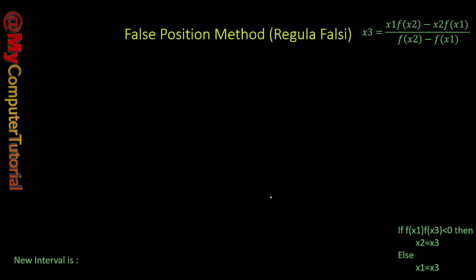So let's go to the first iteration and take x1 is equal to 3, x2 is equal to 4, and we will have to find the value of x3 by using this formula.